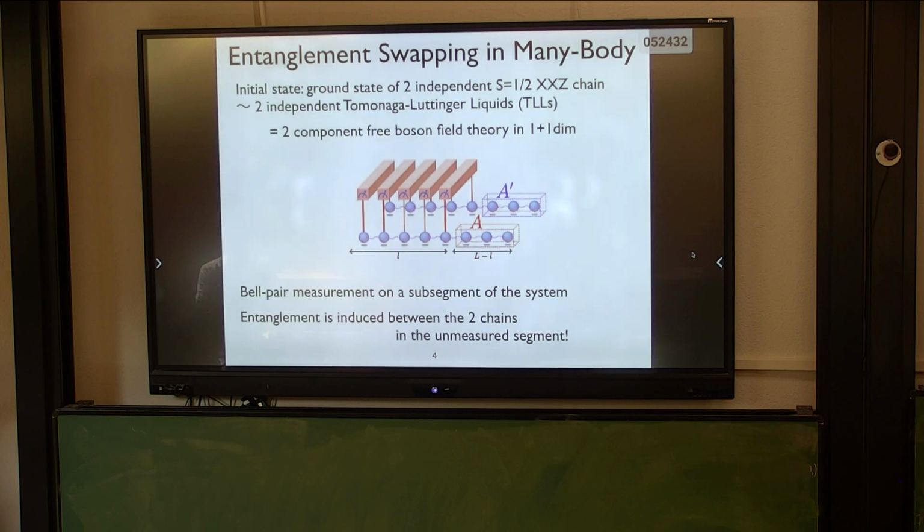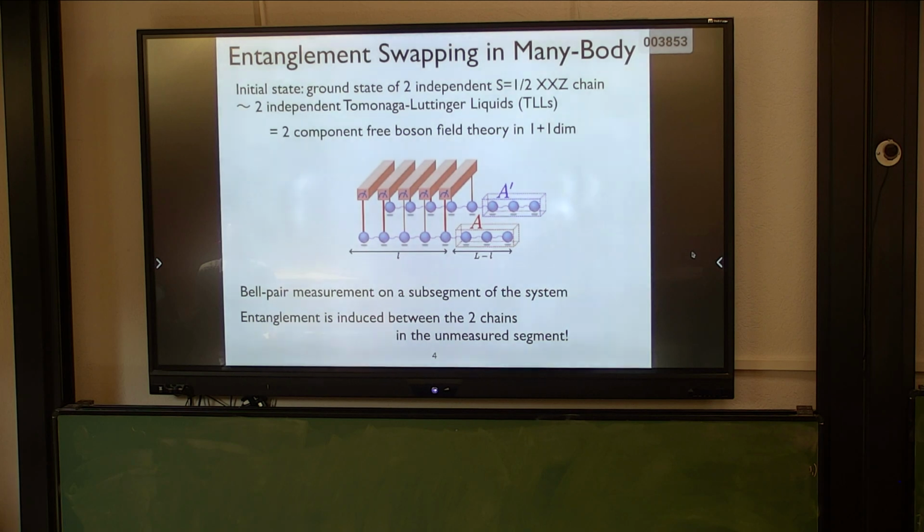Each of the XXZ chains is in the ground state. So in the initial state, there is no entanglement at all between chain 1 and chain 2. You can regard this as a two-leg ladder with no interaction between the legs.